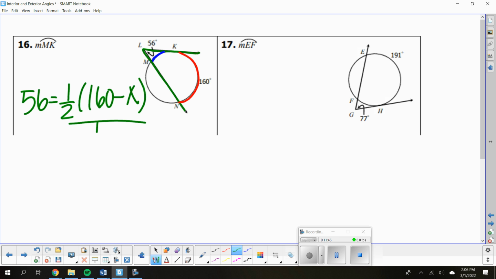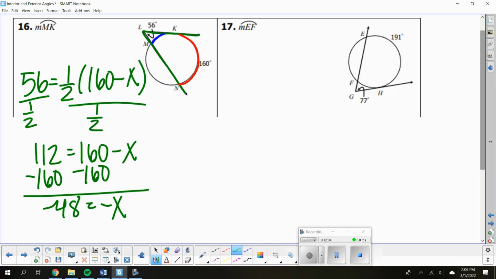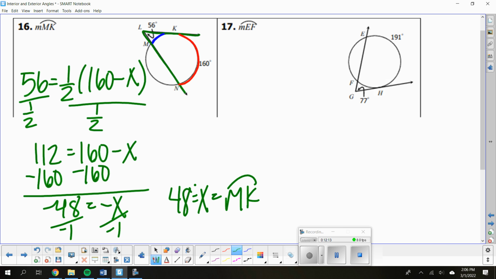So divide by 1/2 and multiply by 2, minus your 160. I'm getting a negative 48 equal to negative x, again because it's big minus small, and that subtraction is crucial. So I actually divide by negative, and 48 is your x, which is that arc. Go ahead and pause the video and answer number 17 on your own.